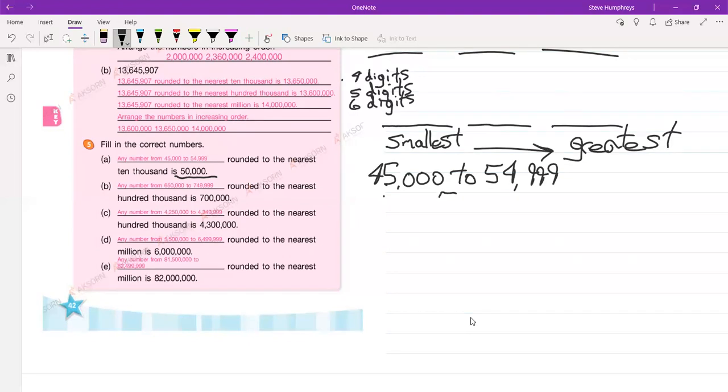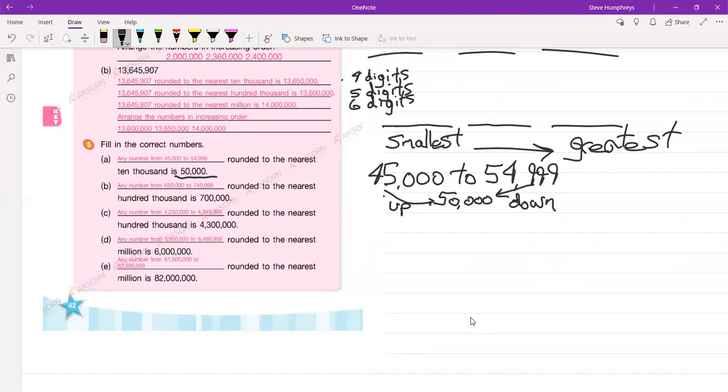It will be here in the middle. It's a little bit tricky, but I think we can do it.